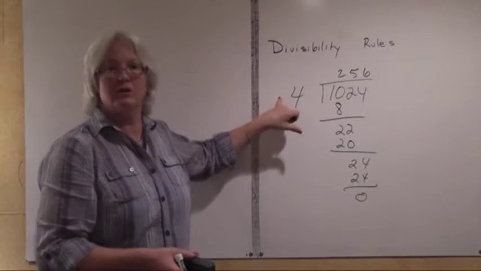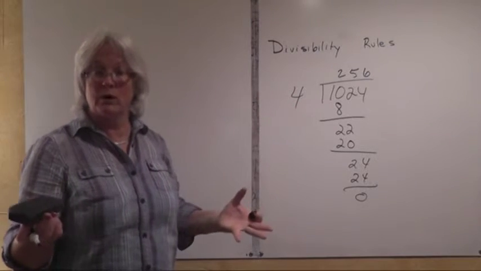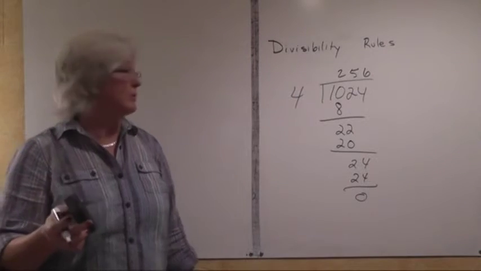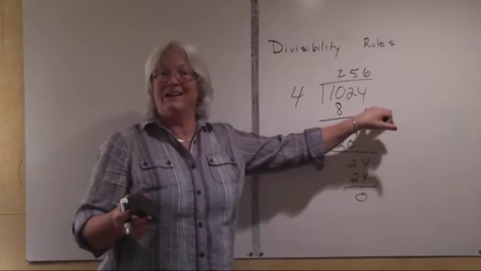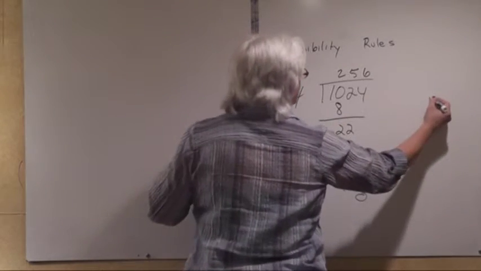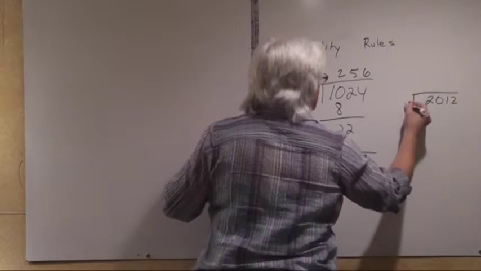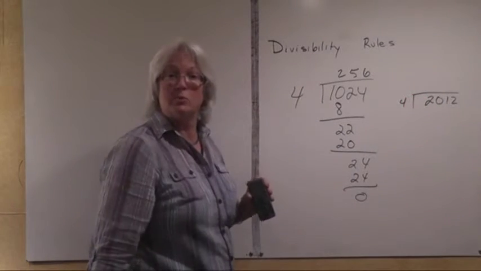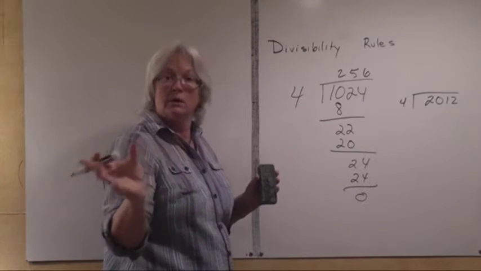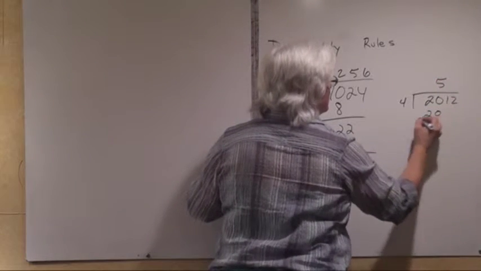You can use this to know if a year is a leap year, like the year 2012, this was a leap year. We had February 29th. Any year that's divisible by 4 is going to be a leap year. 2012, our rule tells us that this is divisible by 4 because the last 2 digits taken as an entire number, 12, is divisible by 4. 4 times 5 is 20.